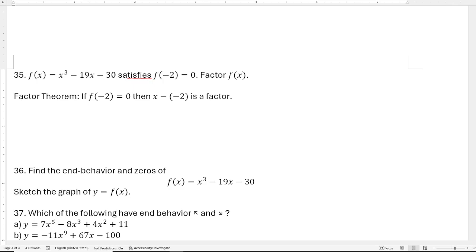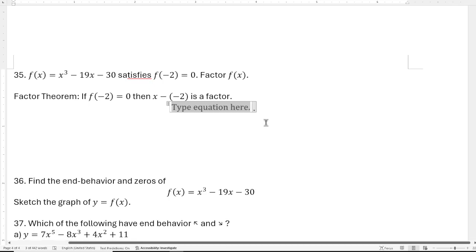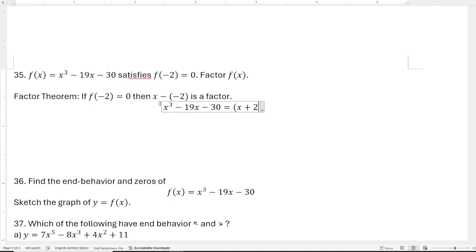That's what factor theorem means in this context. And since x minus negative 2 is x plus 2, we know that the given polynomial here is equal to x plus 2 times some second order polynomial.